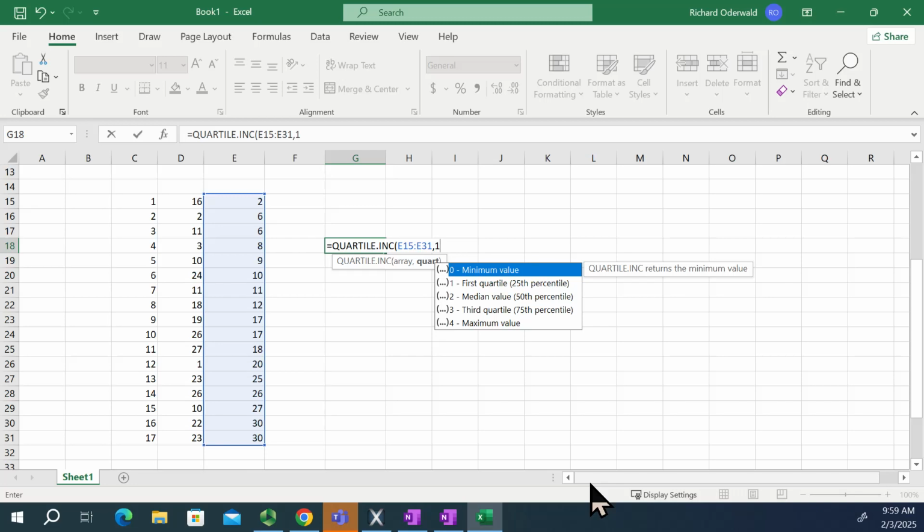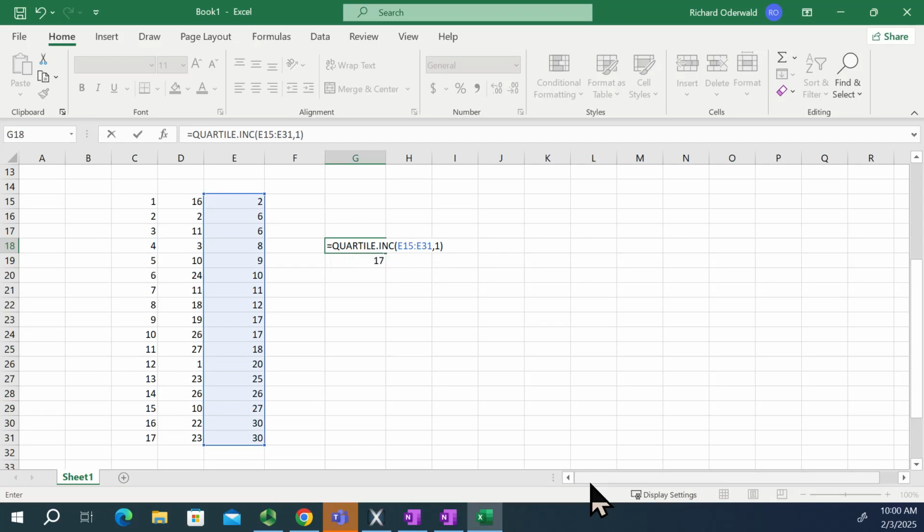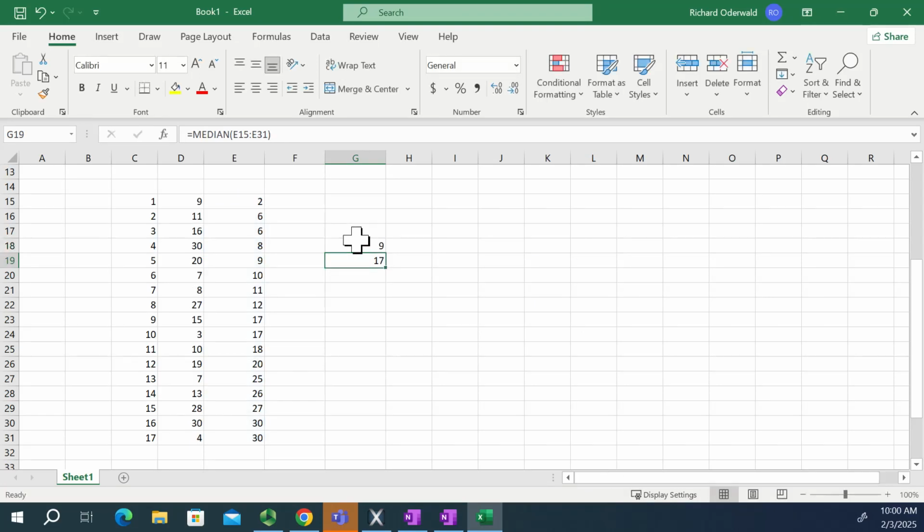And I want the first. Press enter, and it says the first quartile is 9. 1, 2, 3, 4 below, 1, 2, 3, 4, 5, 6, 7, 8, 9, 10, 11, 12 above.